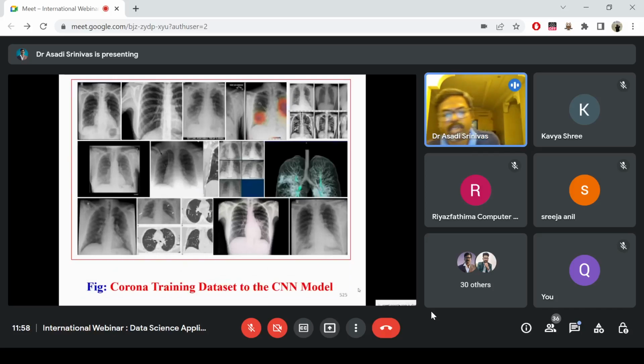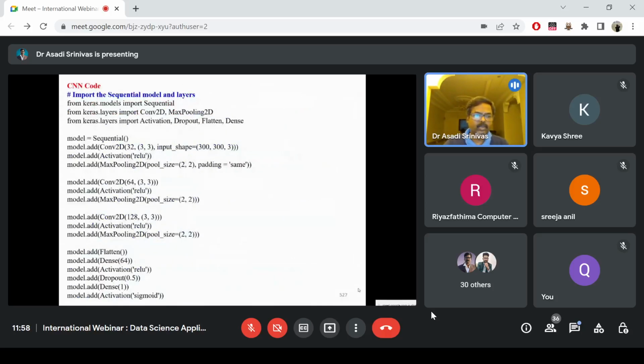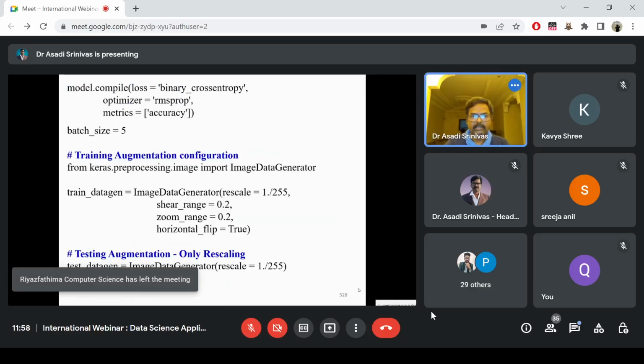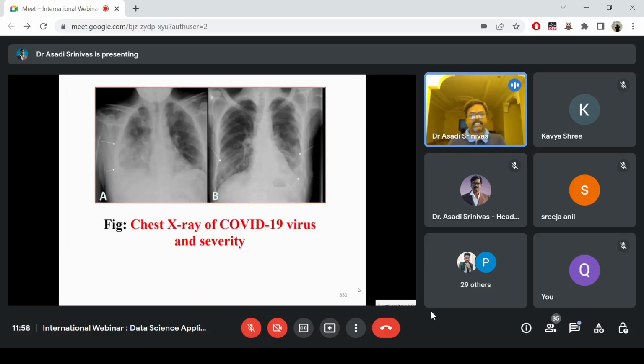This is the corona training data set for the CNN model, and this is the algorithm I have used for executing. This is the code. I kept the code in this slide. This is the CNN. This is the testing data set I have used, and finally I am detecting the chest X-ray image of the COVID-19 virus and severity levels, whether it is positive or negative.